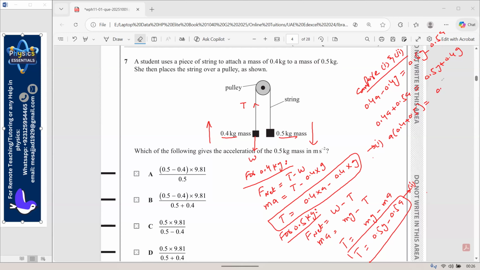So the acceleration is 0.4 plus 0.5 times a equals... from here the answer is going to be, there is a kind of a sign mistake I made, I believe. Let me check where the mistake is.